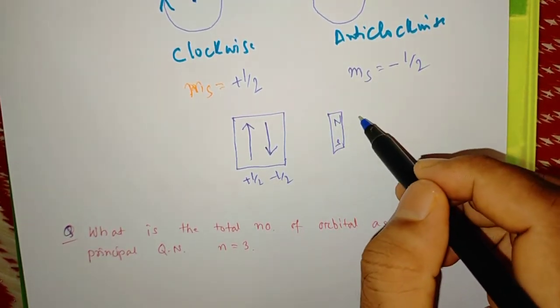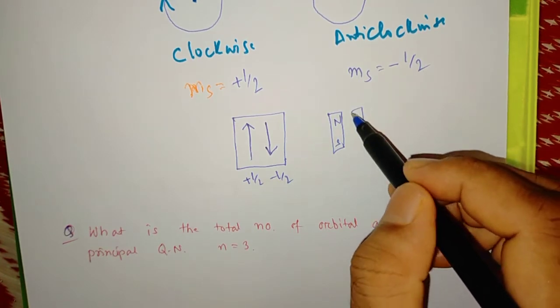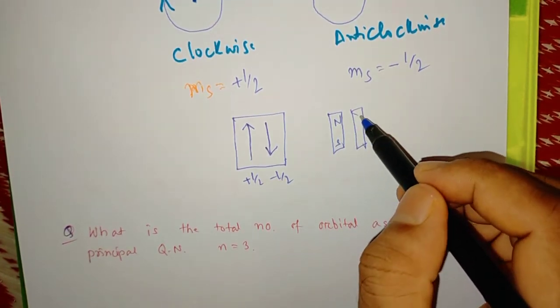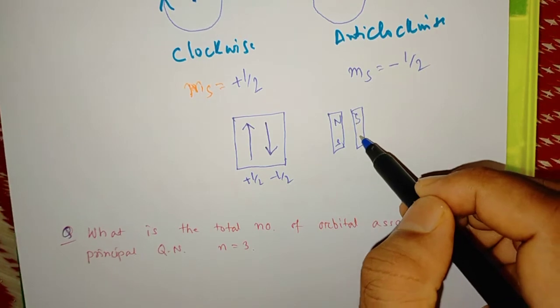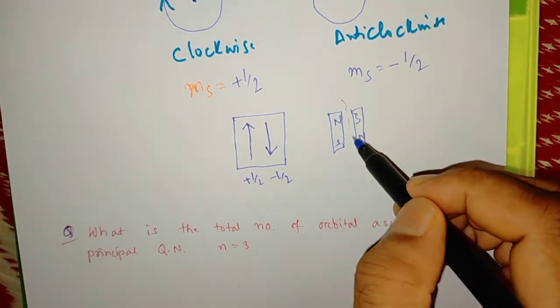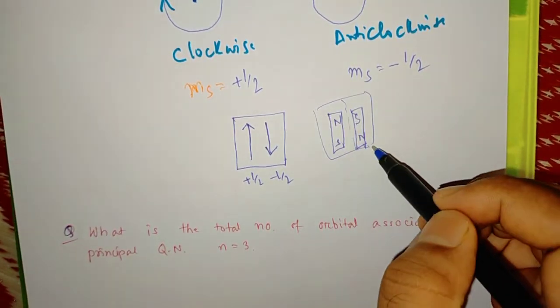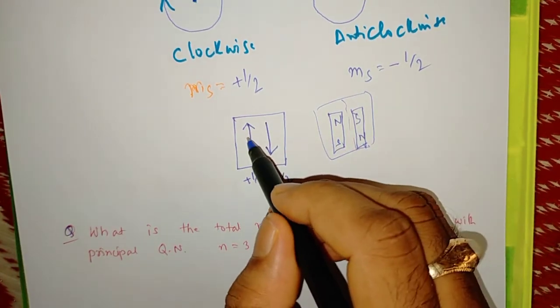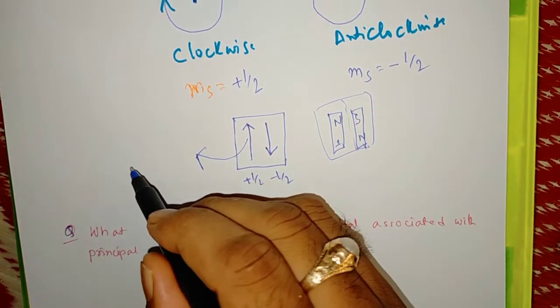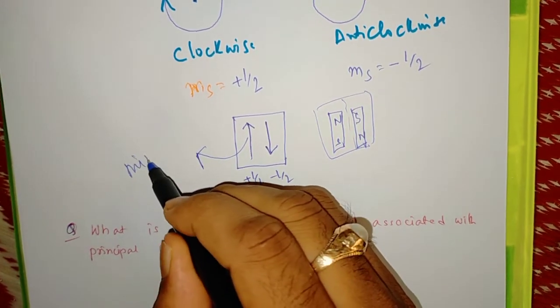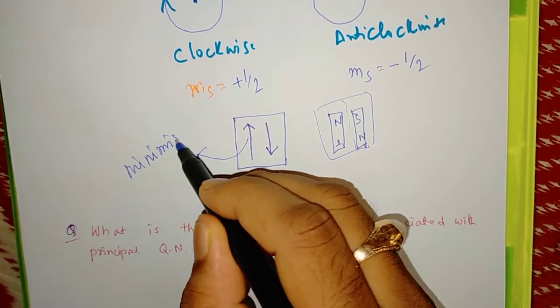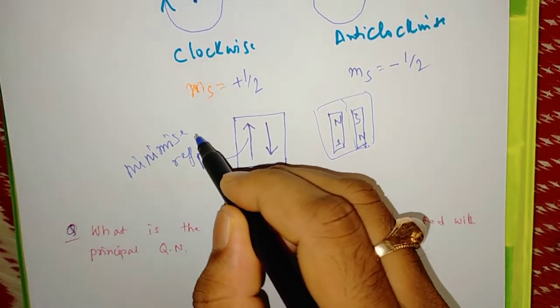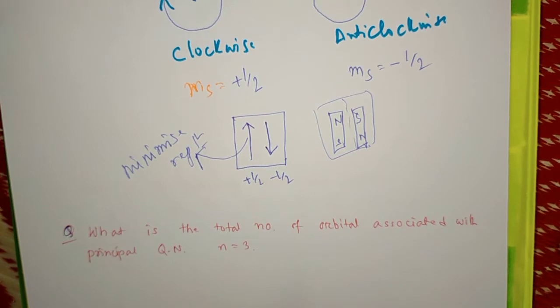If you buy a bar magnet from the market also, you will get North Pole, South Pole, then South Pole, North Pole. It is placed like that inside the box. So the electron arrangement is like that in order to minimize repulsion between them.